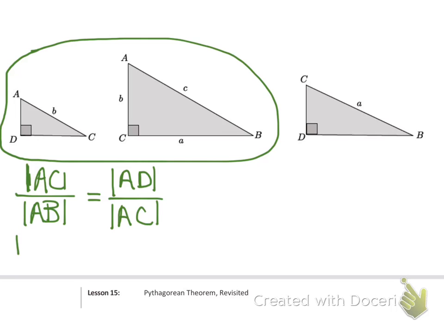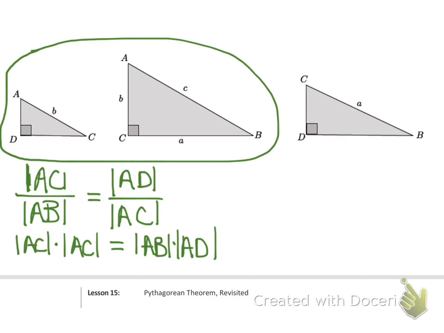So I've got length AC. I know that if I multiply those two and those two, they're going to be equal for these ratios, right? Length AC times length AC is equal to length AB times length AD.